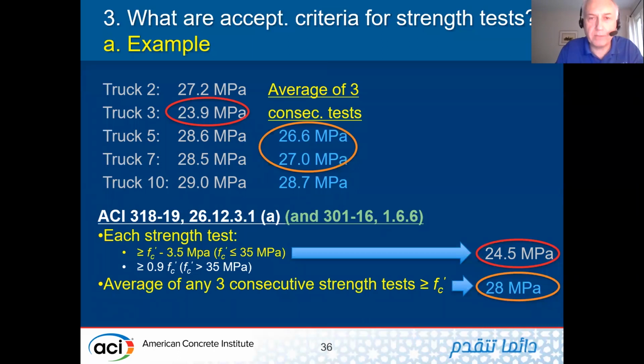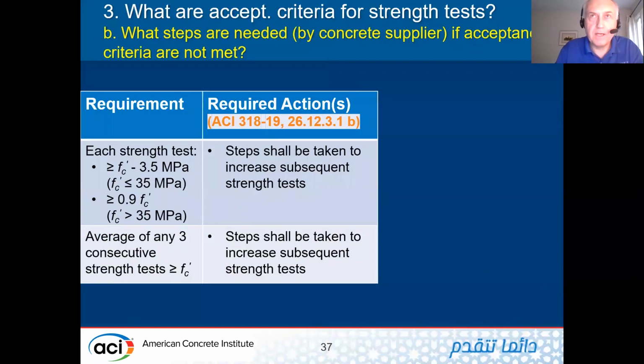Okay, so we go back to our example, and what does it really mean? So here are some of the steps that need to be done. We have those 2 requirements in the first column, which are kind of repeating: each strength test has to be greater than the limit allowed for acceptance, which is specified strength less 3.5 MPa for concrete with specified strength up to 35 MPa, and 0.9 f'c for concrete with specified strength greater than 35 MPa.